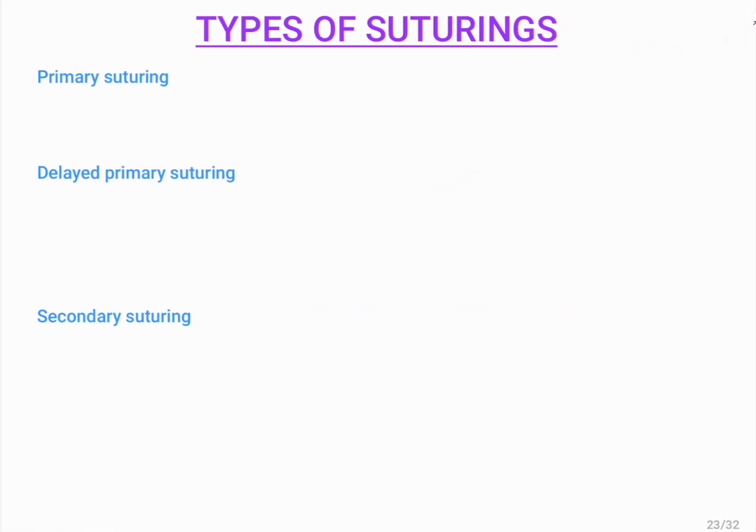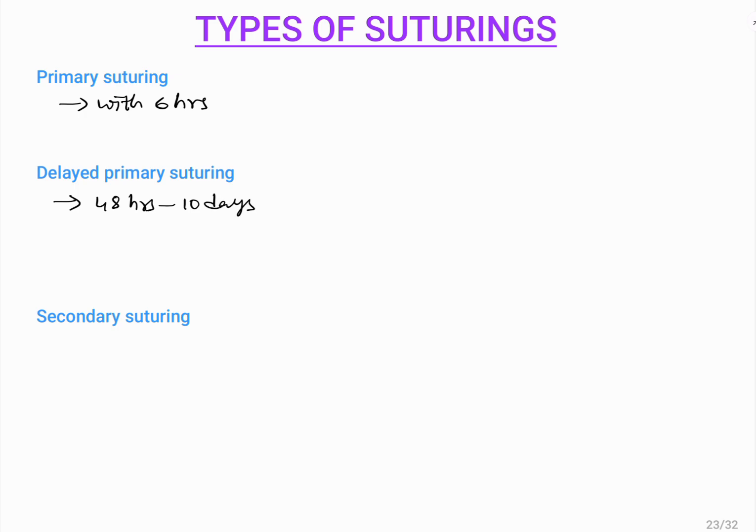Now, let's see what are the types of suturing. They are grouped as primary suturing, delayed primary suturing, and secondary suturing. Suturing within 6 hours after occurrence of the wound is called primary suturing. In case of delayed primary suturing, the suturing is done after 48 hours to 10 days.